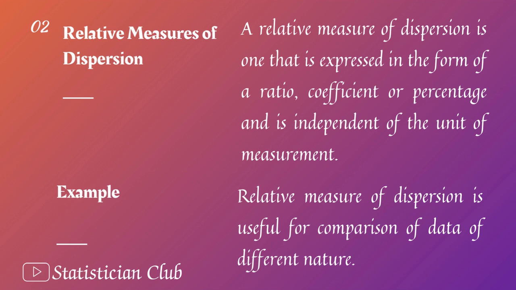The main thing to remember is that relative measure of dispersion is independent of unit of measurement, meaning the same data set can have different types of units like kilograms, pound per acre, and pounds, and it is expressed in the form of ratio, coefficient or percentages.